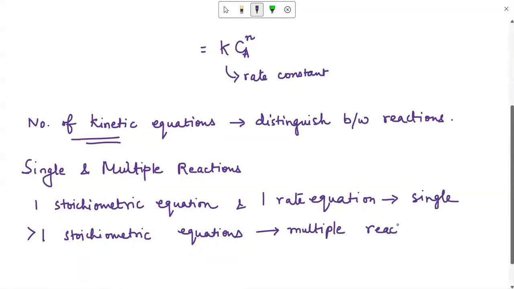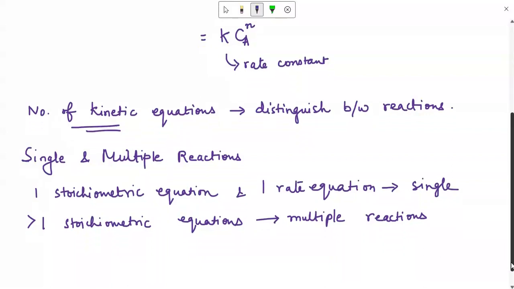Now here note one thing: I did not write more than one rate equation because it is possible that the rate equation can be a combined or complex form of the multiple stoichiometric equations that are used to describe the kinetics of the process.